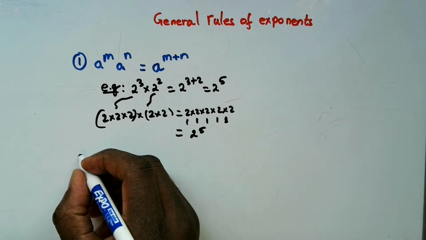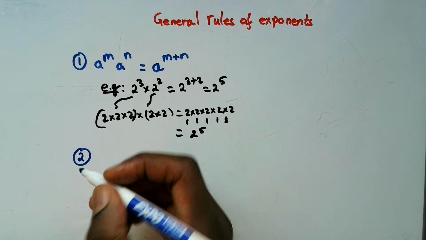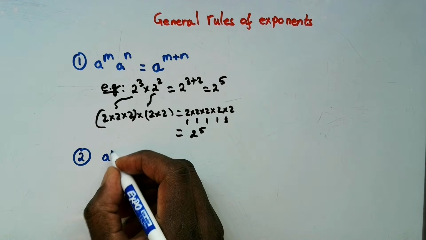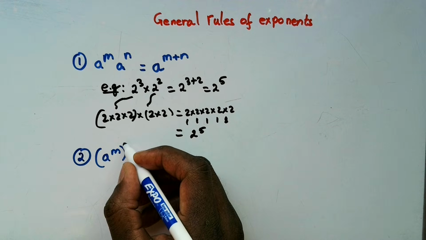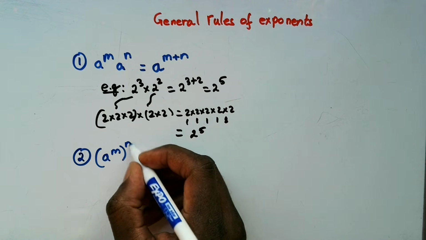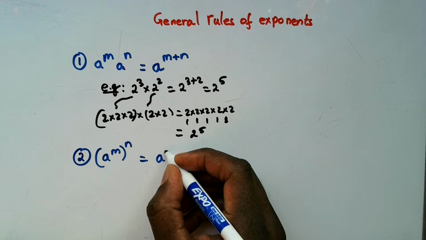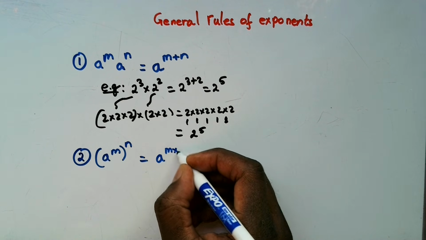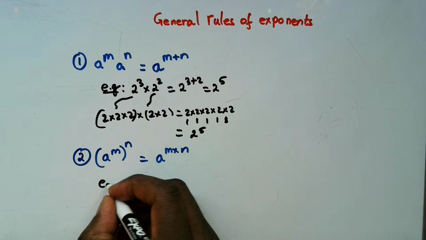The second rule is that if we have a to some power m, raised again to a power n, then those powers can multiply. So it's going to be a to the power m times n, and we can have an example.